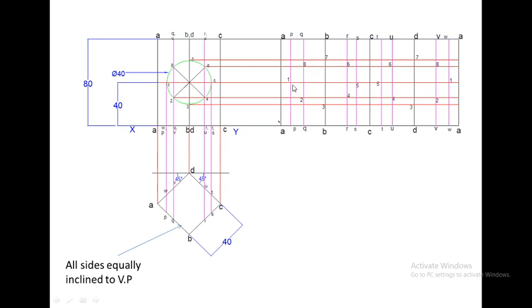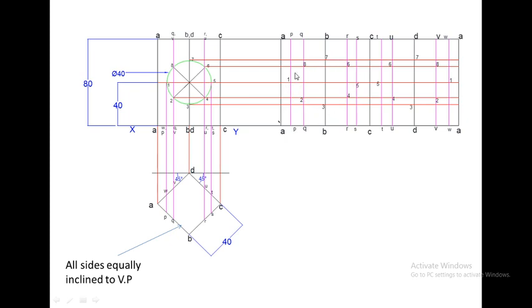Now students, in the previous lecture I have told you that whenever the object is a prism or pyramid, the points are to be joined with the help of straight lines. But in this case, you have to not join the points with straight lines. The points will be joined with the help of a curve.